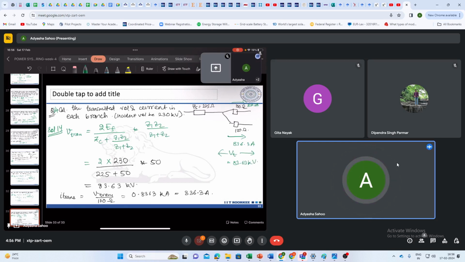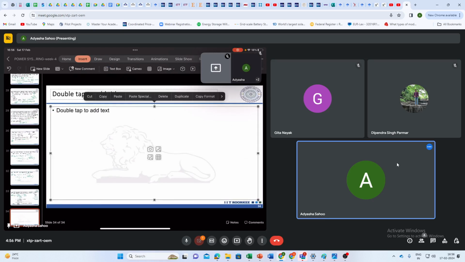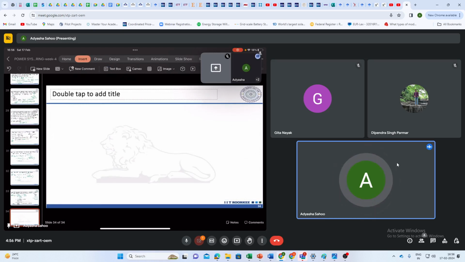And let us solve one last question. For the same question, question 14, calculate the reflected current.